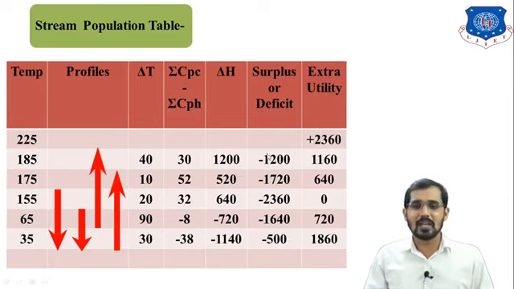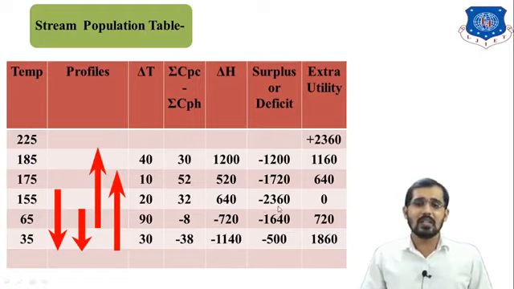For the next one, the previous value is minus 1200 minus the initial value, means minus 1200 minus 520, you will get minus 1720. For the next value, the previous value is minus 1720 minus the initial value, minus 1720 minus 640, you will get minus 2360.